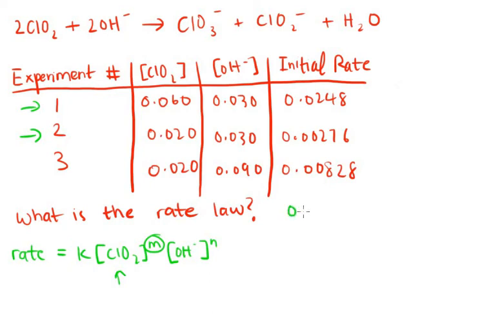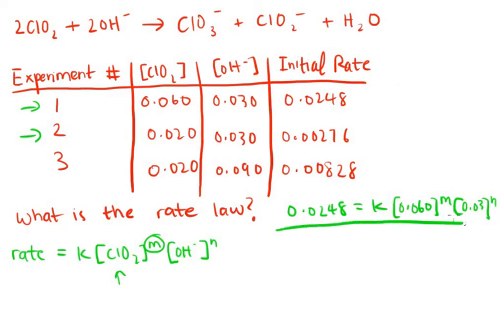0.0248 equals k, which we don't know, times 0.060 to the m and 0.03 to the n. This is experiment number 1. And we divide everything by experiment number 2.